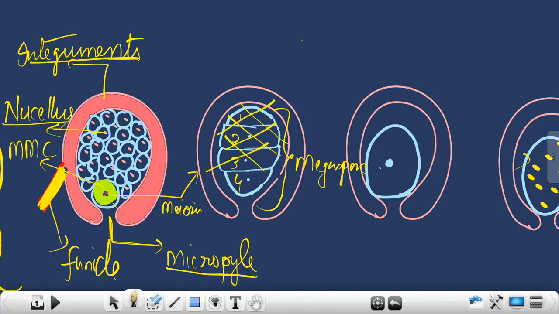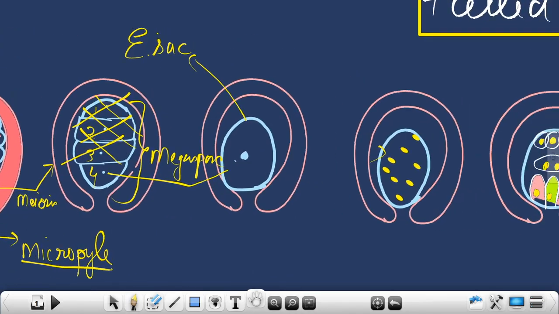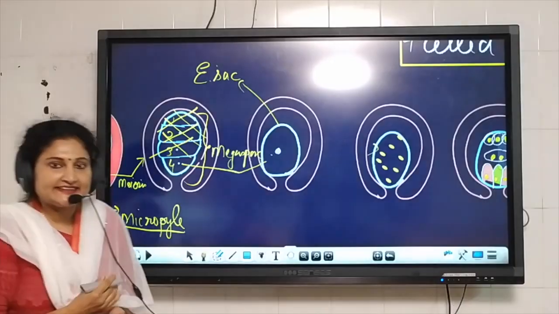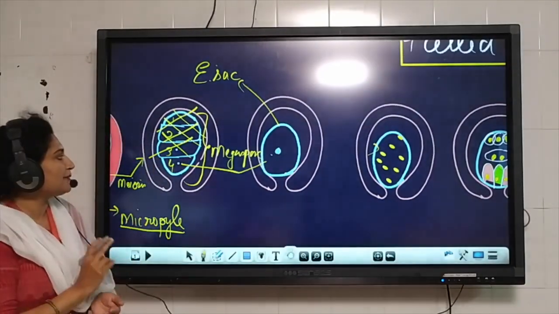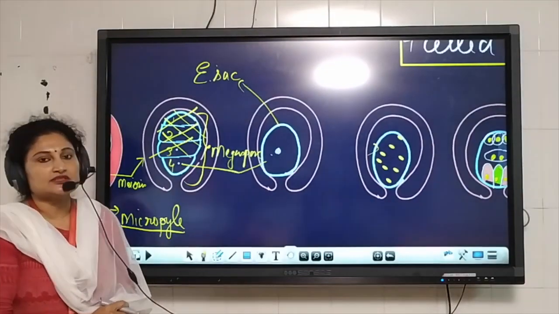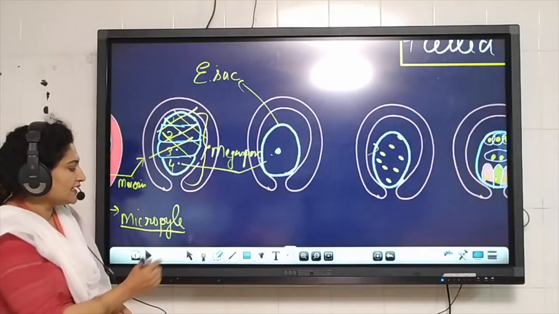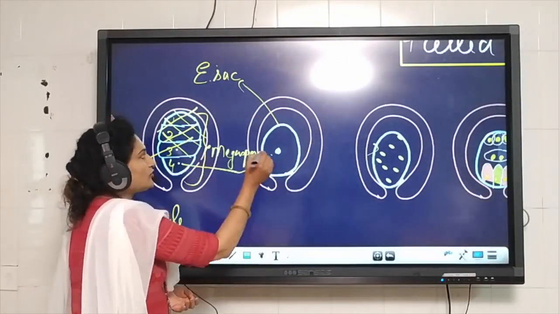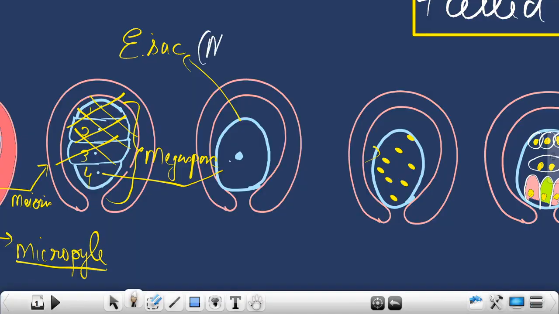The first 3 degenerate and the 4th megaspore becomes the embryo sac. So among the 4 megaspores, 3 degenerate and only one megaspore becomes a functional embryo sac. Such a development of the embryo sac is called monosporic development.